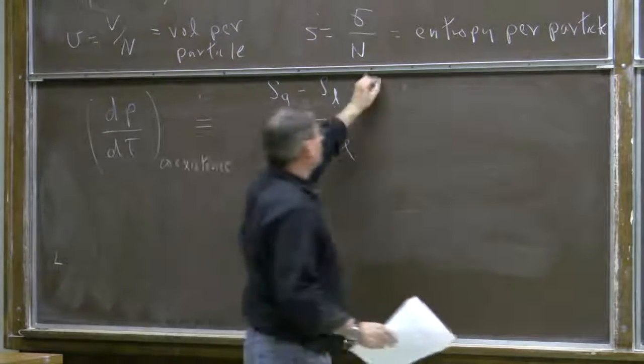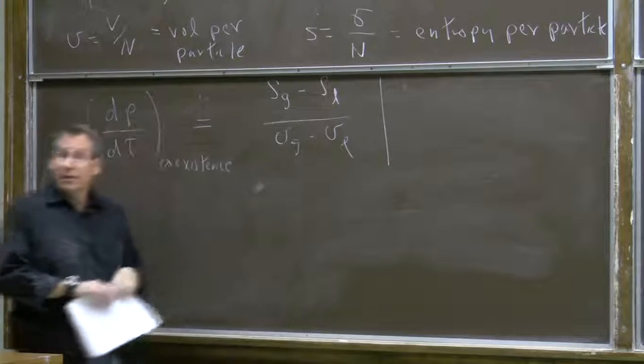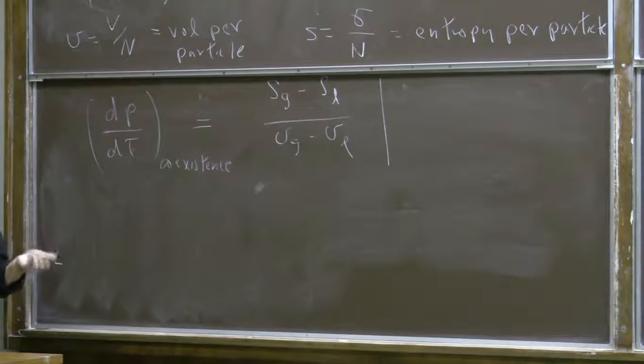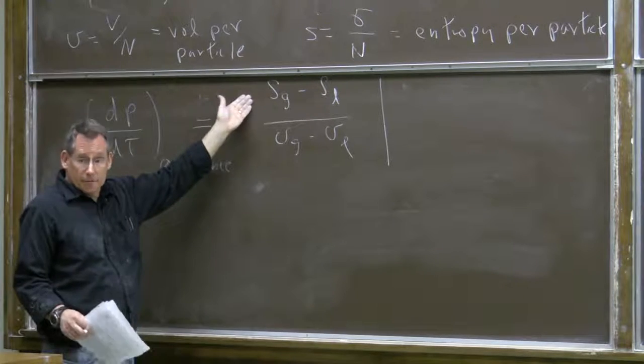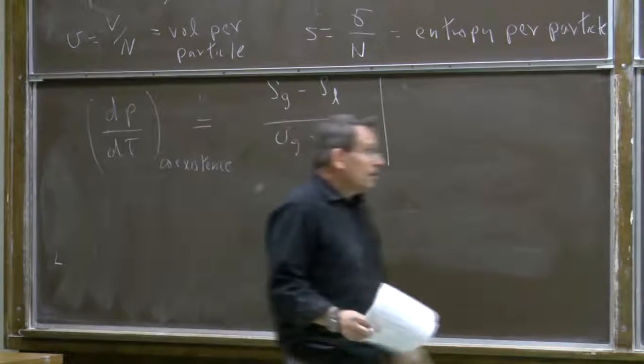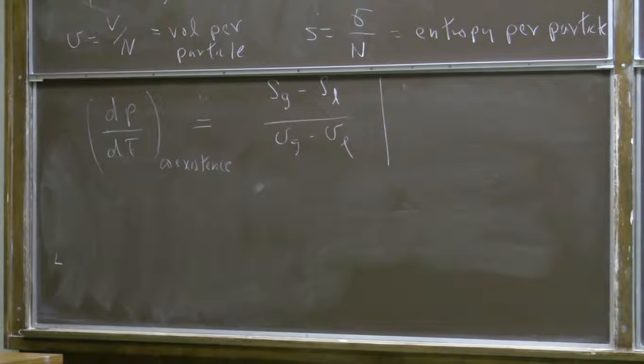So, what's the interpretation of the change when you go from the gas to the liquid phase of the entropy per particle? Well, if you want to convert the liquid to gas, you have to add heat, right, to boil it.